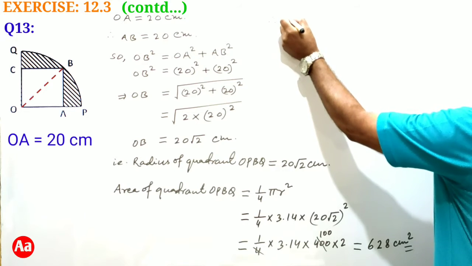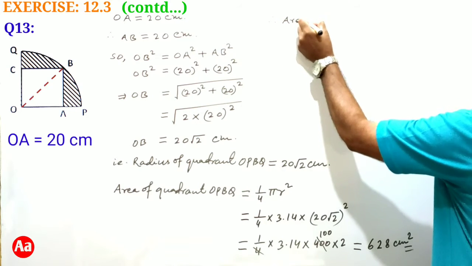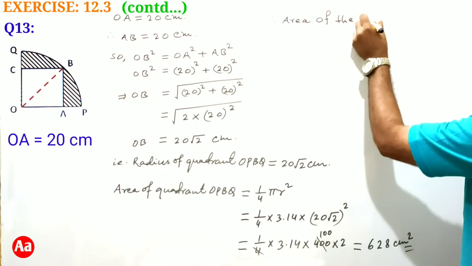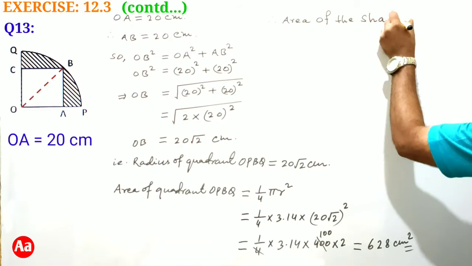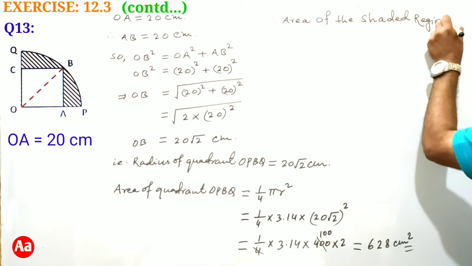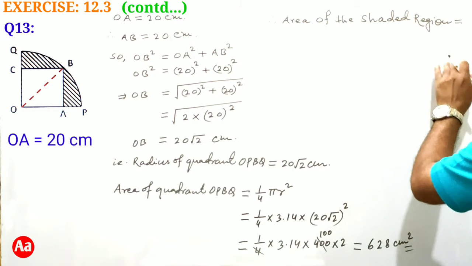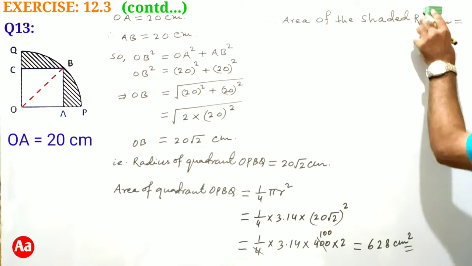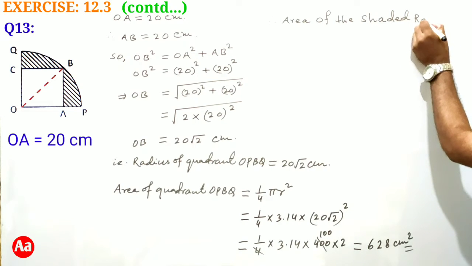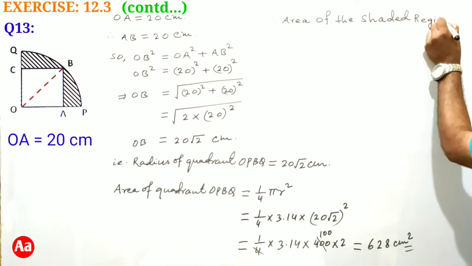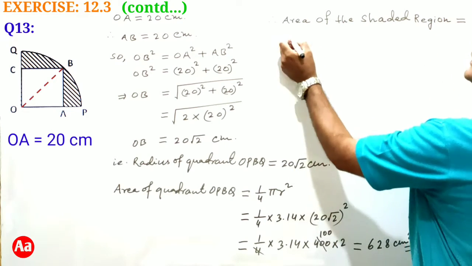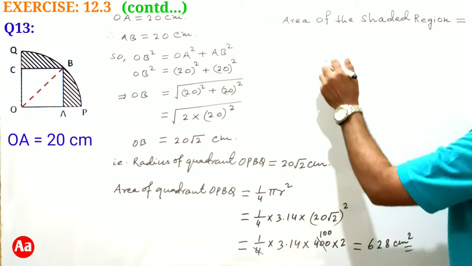Therefore, area of the shaded region equal to area of the quadrant minus area of the square.